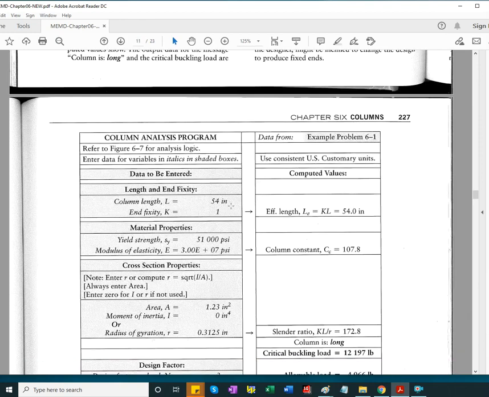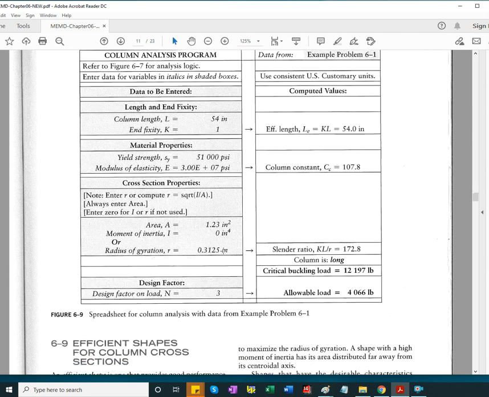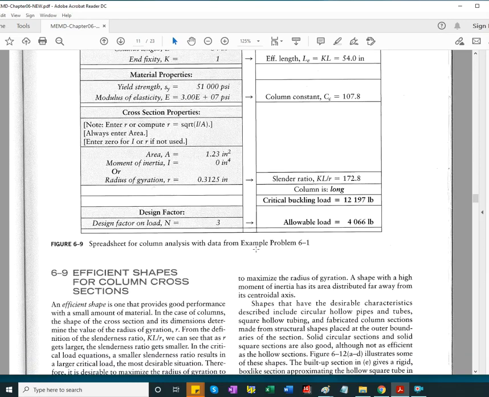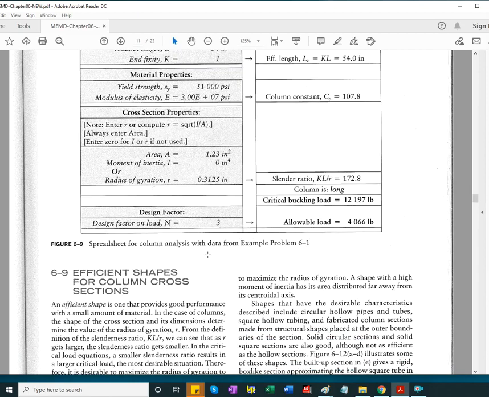Apparently you can get some spreadsheets developed by the authors. You can write your own to expedite analysis.